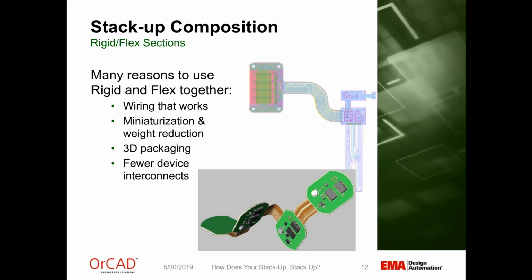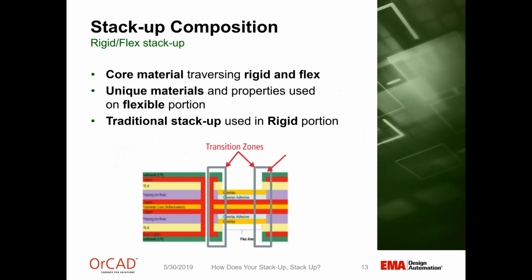3D packaging can also be useful. You can pack things a little bit more tightly together and have fewer interconnects and points of potential failure overall. That board Stackup then looks like this. You have your core material running through the entire board, including the flex, and those are then built up differently beyond the core material than the rigid portion is, and are hopefully going to be bendable for you.